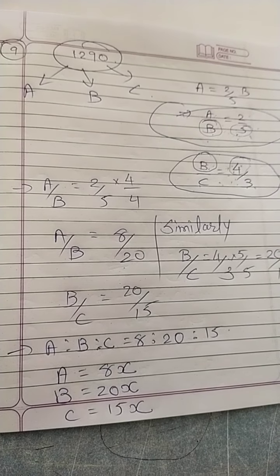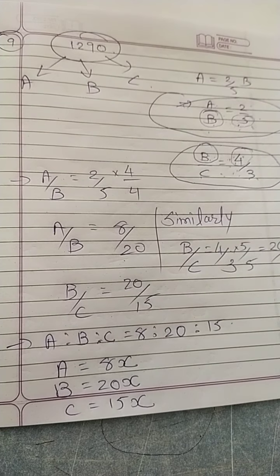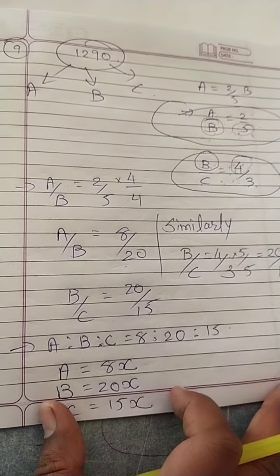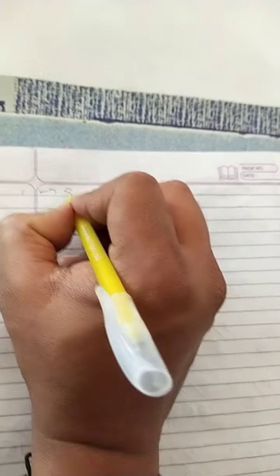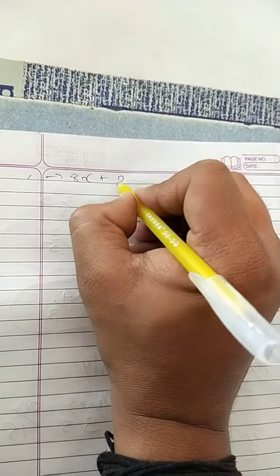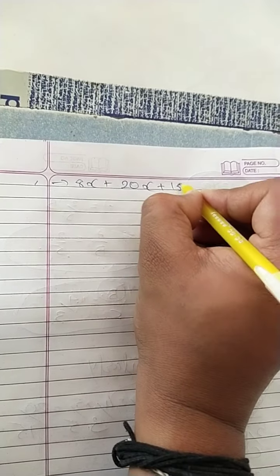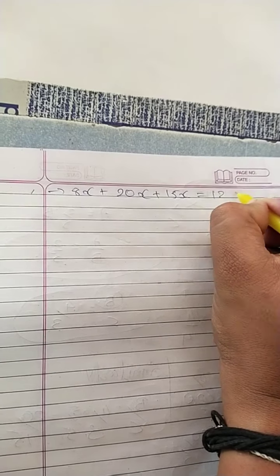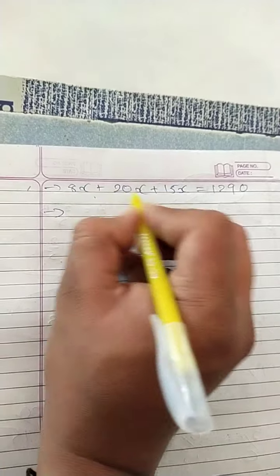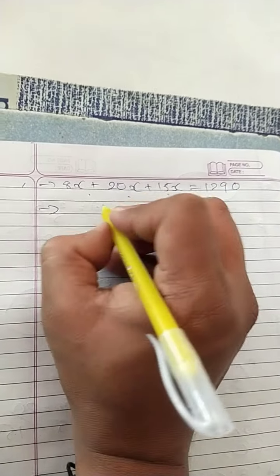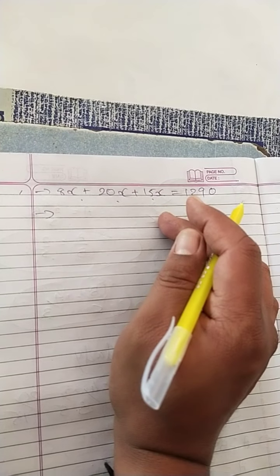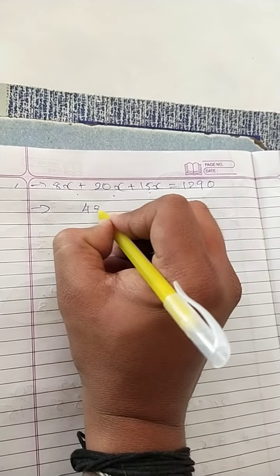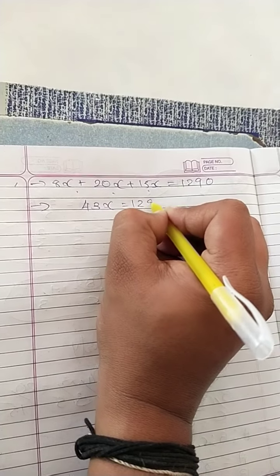Okay, now the sum of all three will be 1290. Here 8x plus 20x plus 15x is equal to 1290. Then I'll get 43x is equal to 1290.